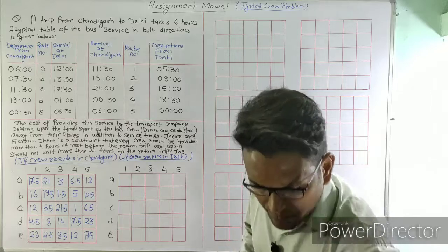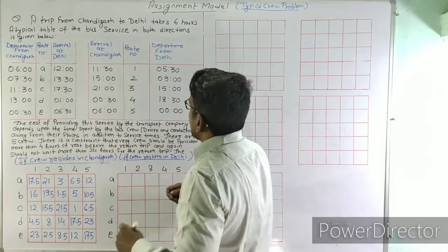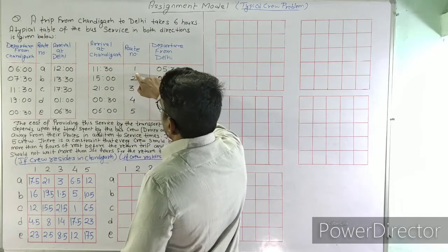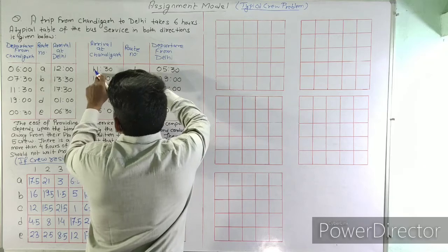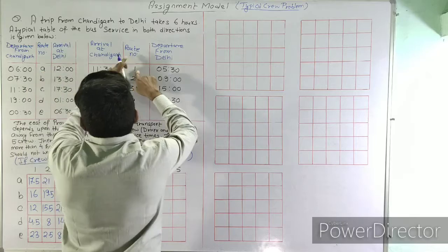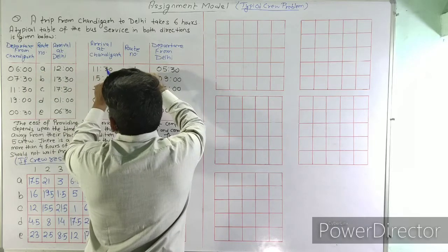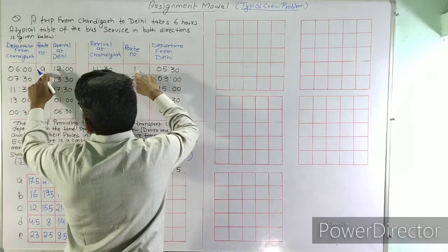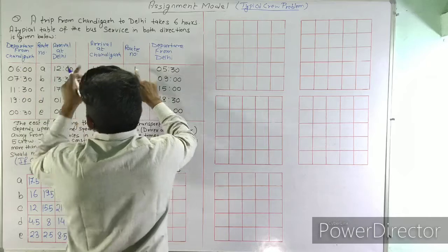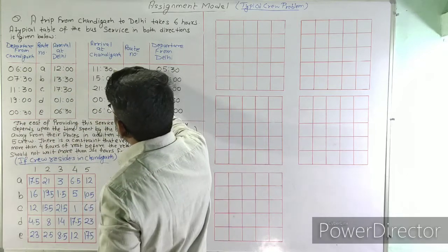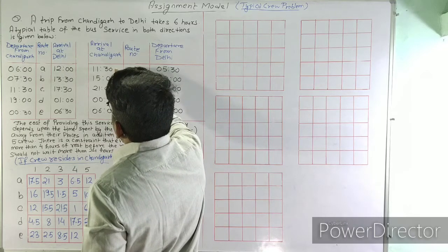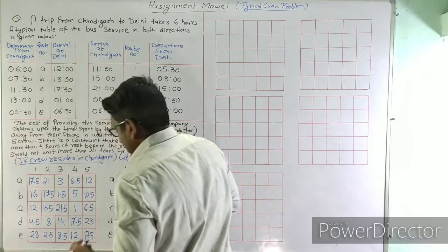So let us see, if a crew arrives at Chandigarh from route A, if it arrives from route 1, it arrives at 11:30, and if it departs from route A, it is departing at 6. So the difference between these two times we need to calculate. So here we can see that the difference here will be 11:30 is 12 plus 18, so this will be 18.5.